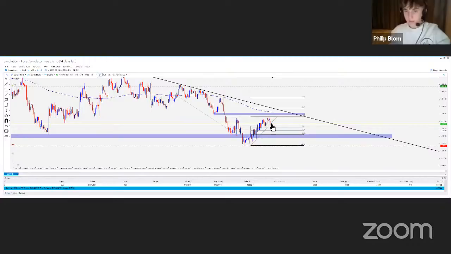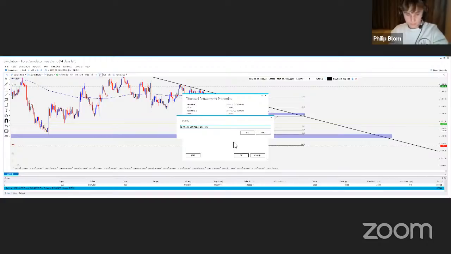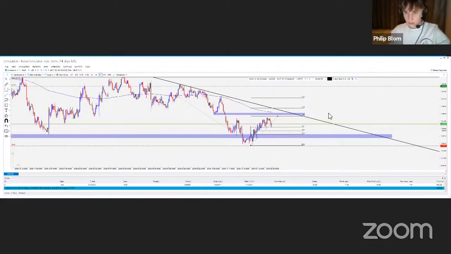Okay, so 38.2. So change that real quick. 38.2 fib retest. Could argue we could find some support right here.